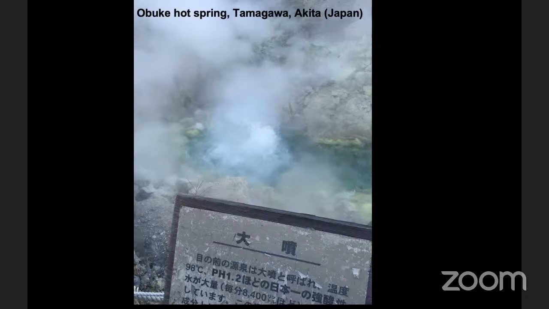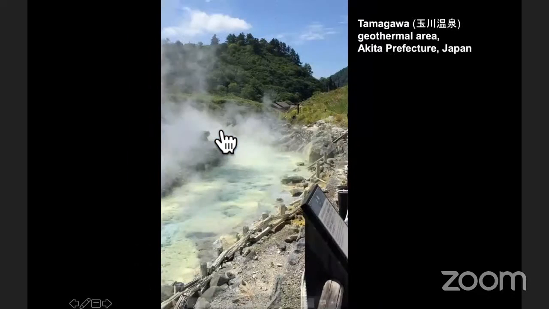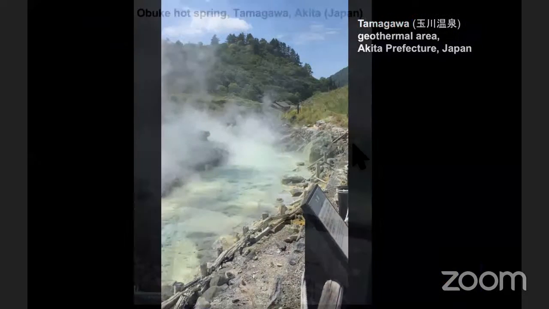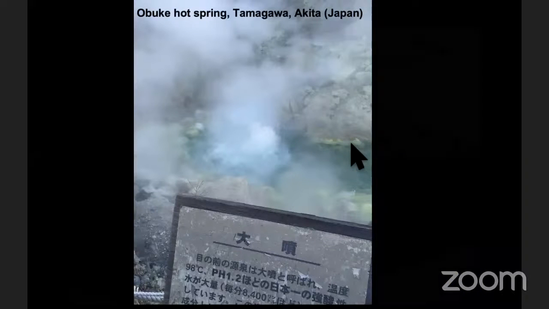So we are talking about 9,000 liters per minute of extremely acid fluid at boiling temperatures, 30% of which is condensed magmatic water. So this is a very, very special type of geothermal fluid. This is the one I was showing here. This is this fluid here. So this is forming a region of vuggy silica at depth.